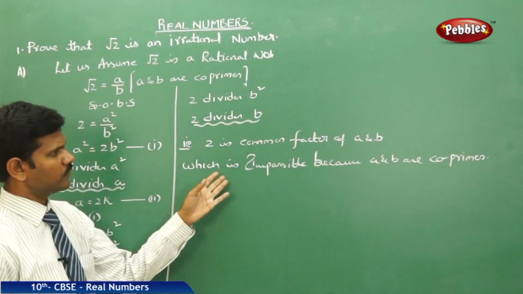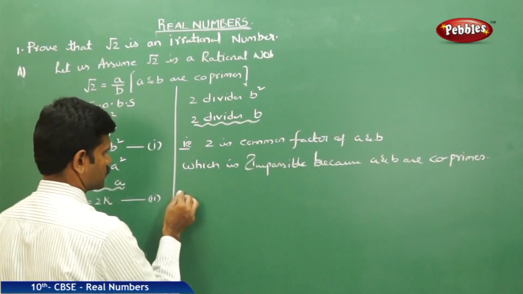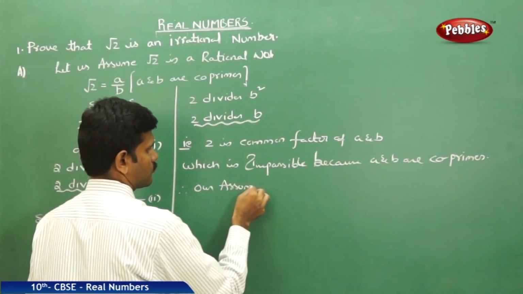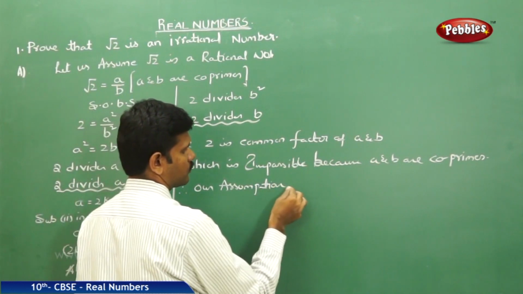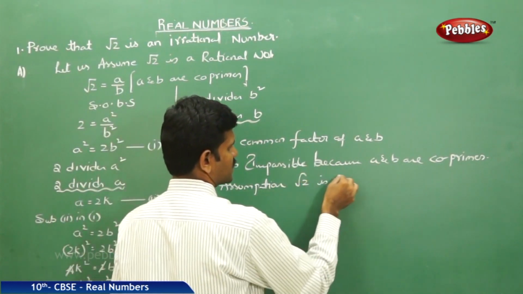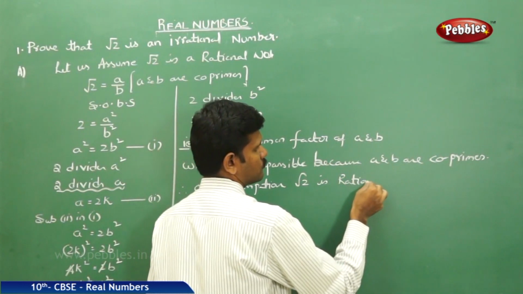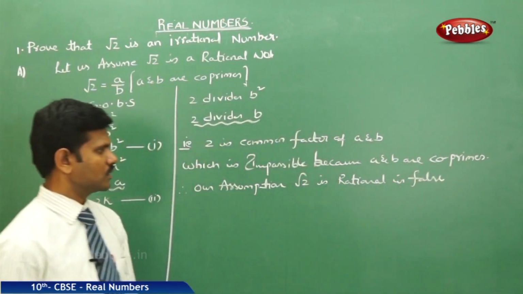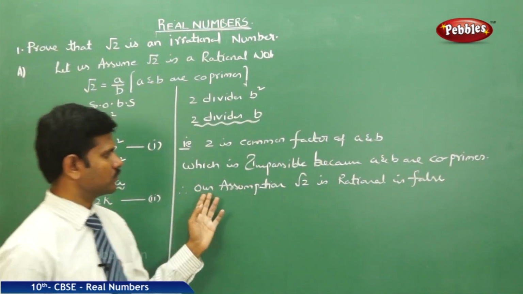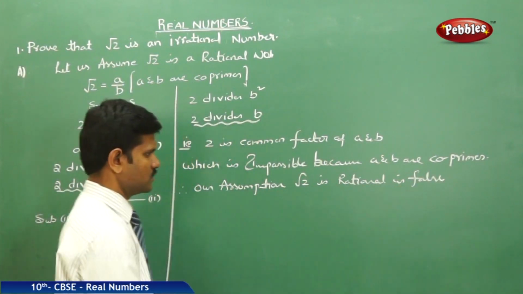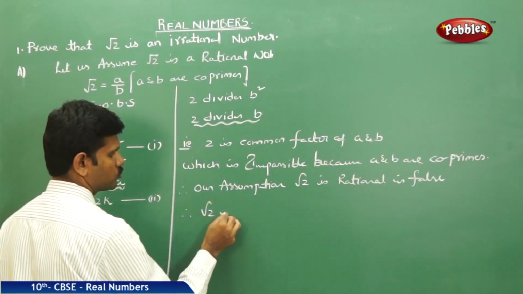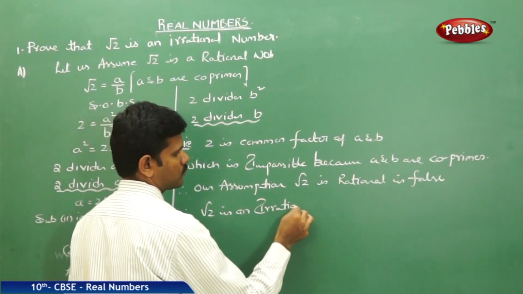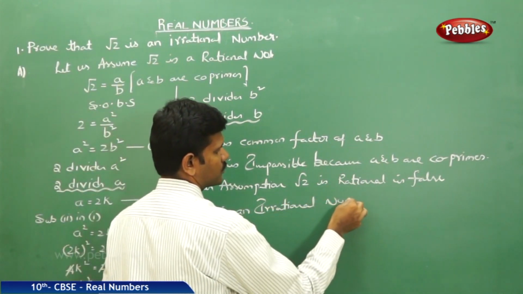Because a and b are co-primes. Therefore, our assumption that root 2 is rational is false. Therefore, root 2 is an irrational number.